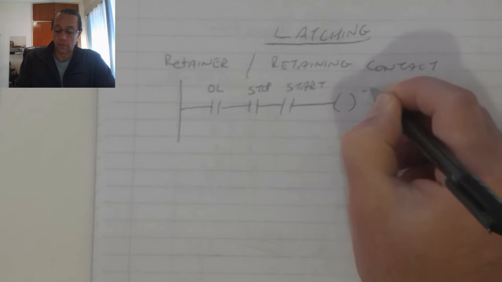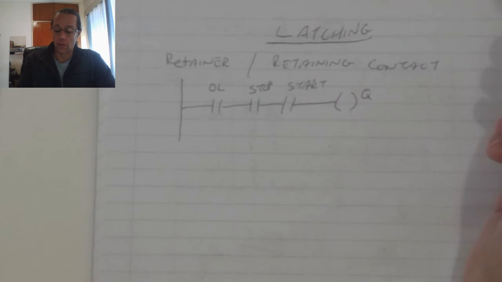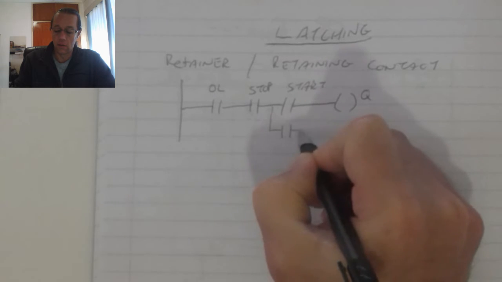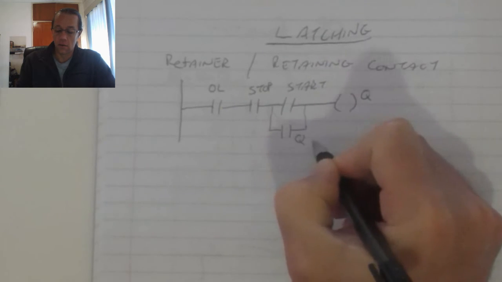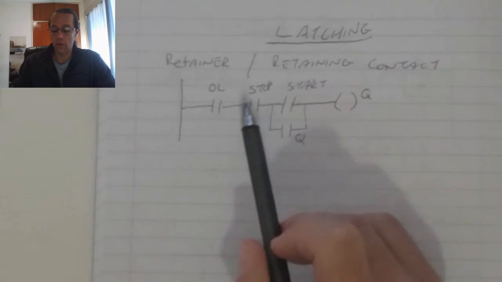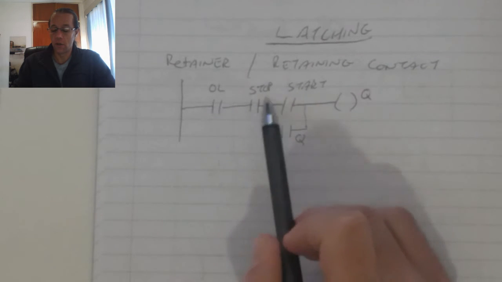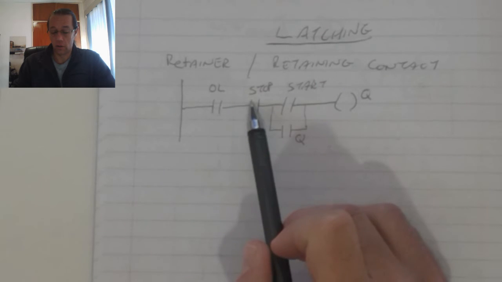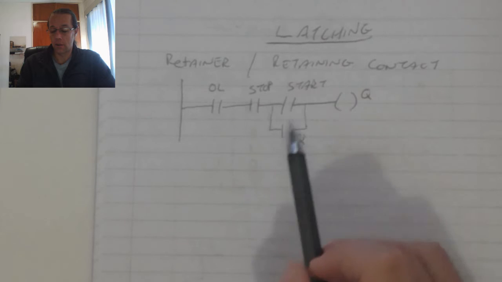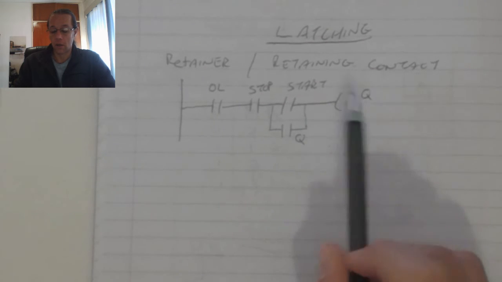My output is then connected to the start button, because remember, in real life the overload and the stop are normally closed contacts. The start is a normally open contact, and that one also says it's the same state as Q.